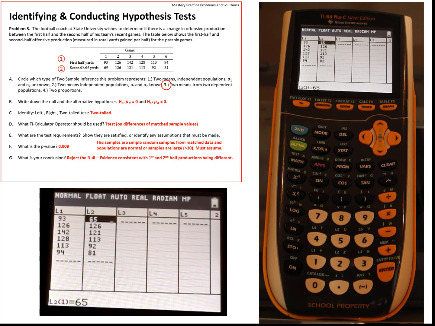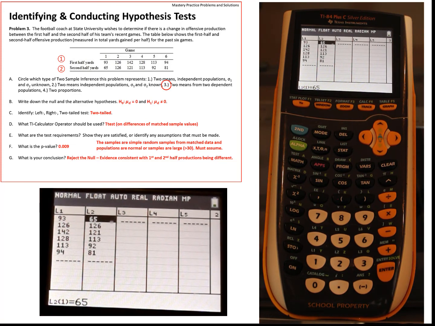I've entered in list 1 the data associated with sample 1, 93, 126, 142, 128, 113, 94, and in list 2 I've done the same thing for the second sample.